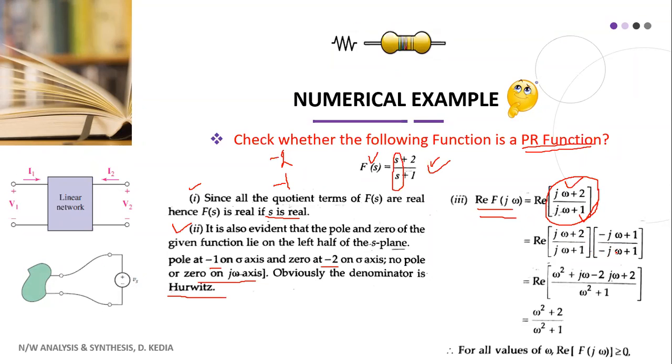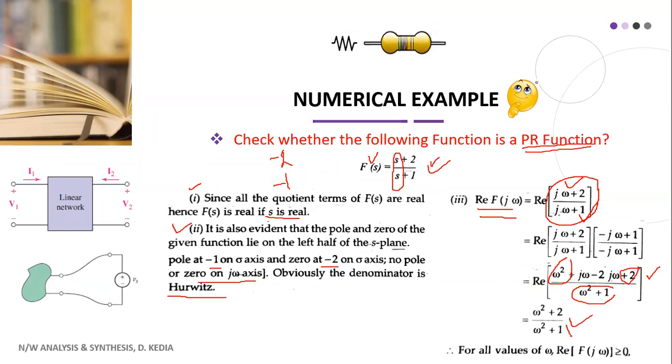So you do the rationalization: your denominator is j omega plus 1, you multiply with 1 minus j omega in numerator and denominator. You get this. Okay. And you separate out the real part. So the real part will be (omega square plus 2) divided by (omega square plus 1). This is the real part.